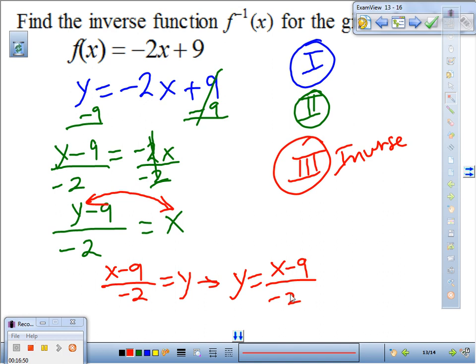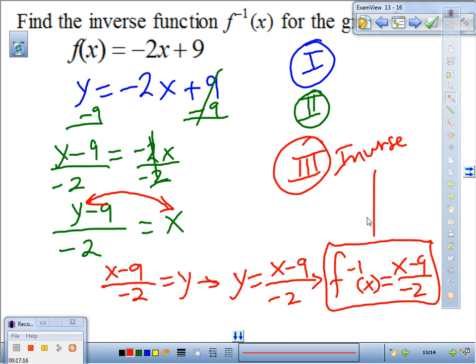But now it's going to be the inverse. So instead of y, we write f of negative 1 of x equals x minus 9 over negative 2. Box that and label that the inverse.